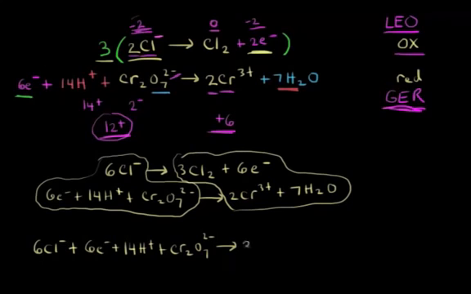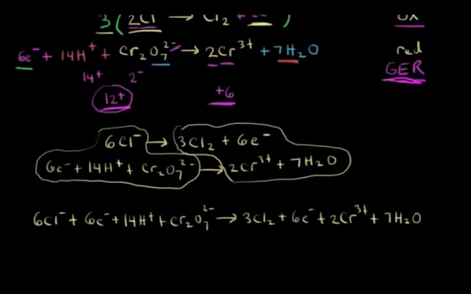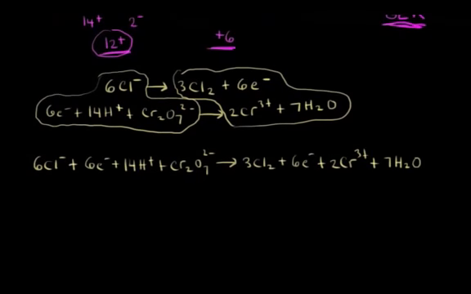So I have 3Cl2 plus 6 electrons, right, plus 2 chromium ions plus 7 water molecules, like that. And so now it's a little bit easier, I find, for students to see that your electrons are going to cancel, right? You have these 6 electrons on the reactant side, you have these 6 electrons on the product side, so you can go ahead and take those out.